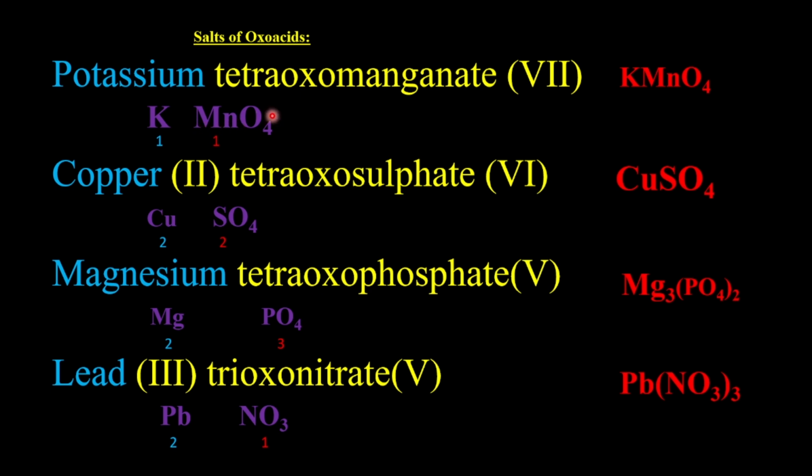So you separate the radical from the cation. So we start. This is potassium, that is K over here. As I said, we move backwards. So tetra, which is 4 here. Oxo, that is what we have here. Manganate, which is Mn.